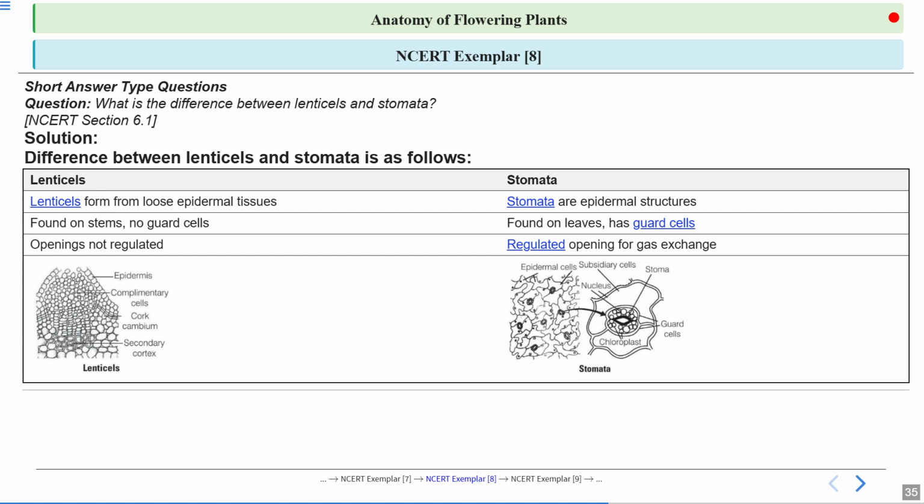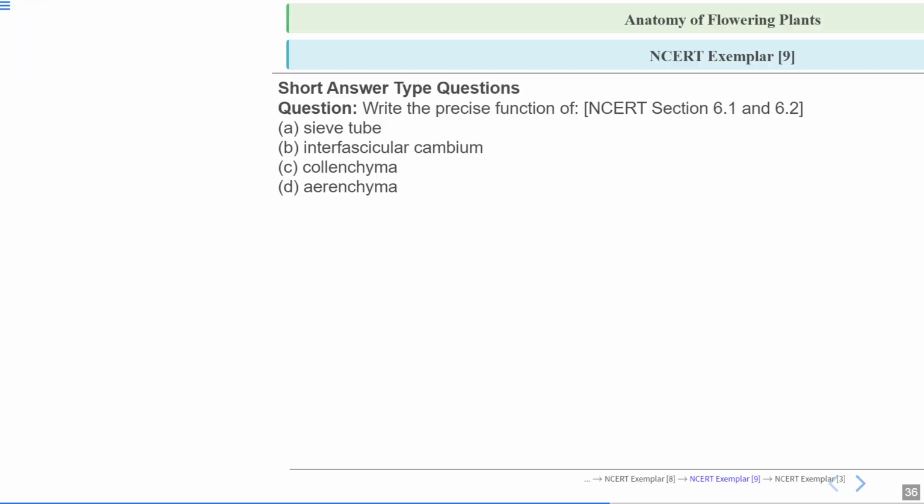So that helps to regulate, because if more glucose is synthesized, then the cell can take water from the surroundings and swell up, in a turgid condition. So they open, right? And when the guard cells do not have much glucose, it means photosynthesis is affected. So at that time they close. In that way, the stomata regulate gaseous exchange.